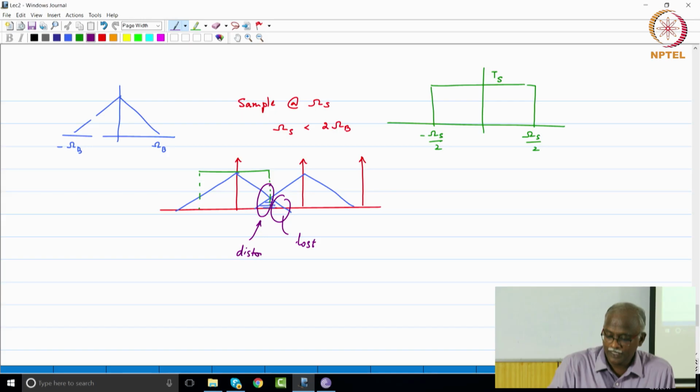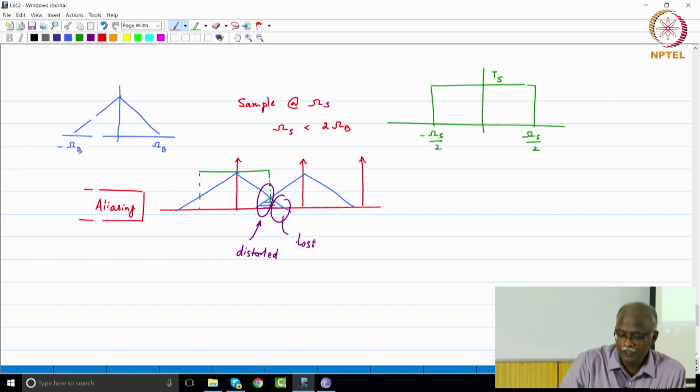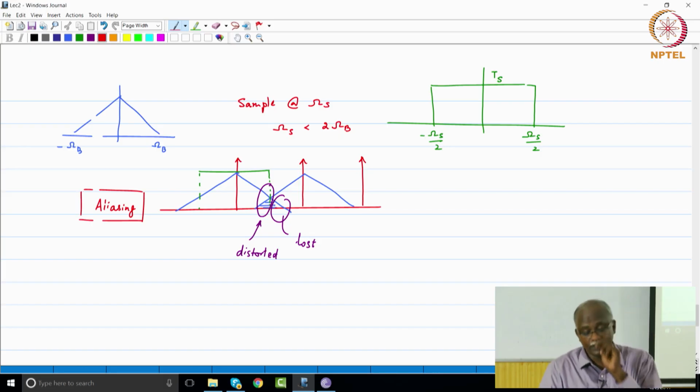Some part of my desired signal is gone, the part that remains is distorted, and therefore this is a scenario that is highly undesirable, and this is the problem of aliasing. Aliasing is when you create overlap between adjacent copies of the input spectrum because of insufficient sampling rate.